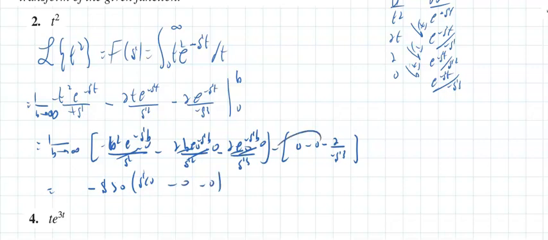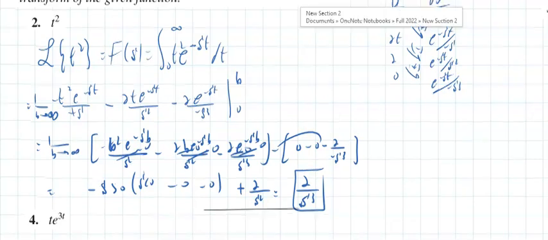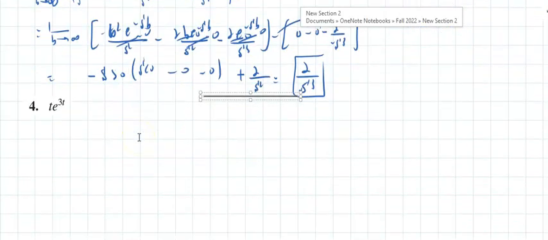And if you distribute that in, that is 2 divided by s cubed. So anything with an exponential will converge if the power stays negative.